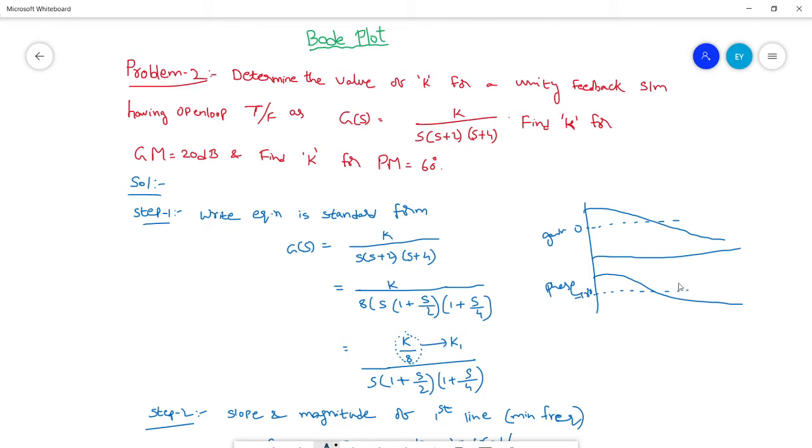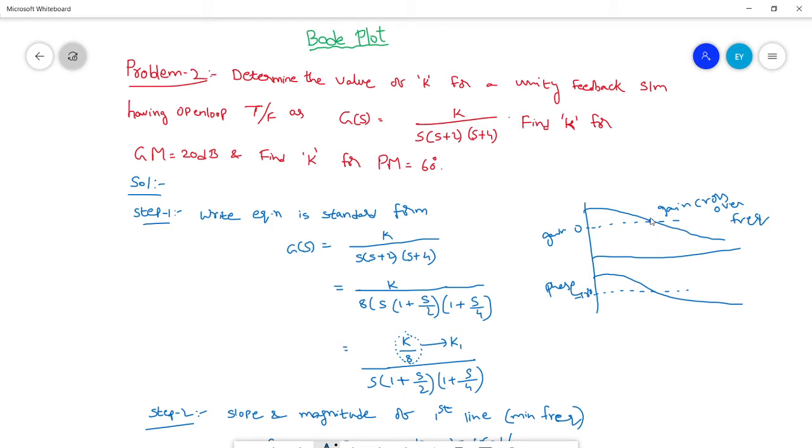The point where the gain plot crosses 0 dB is called the gain crossover frequency.